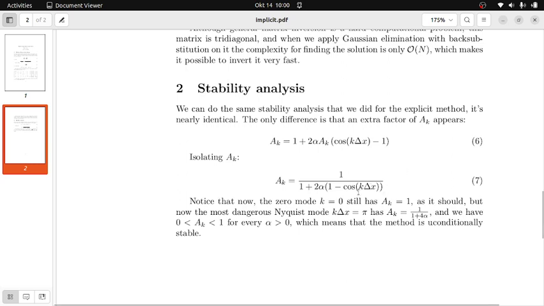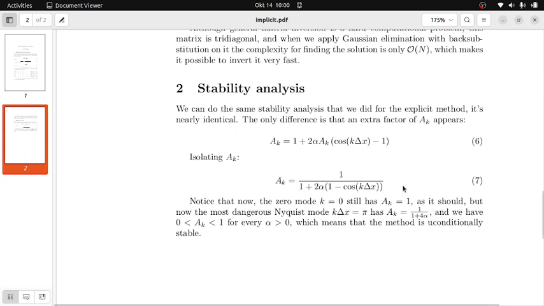Then if we do the analysis, the zero mode k equals 0 still has A_k equals 1, because cosine of 0 is 1, 1 minus 1 is 0, so 1 divided by 1, which is 1. But again, the zero mode needs to have an A_k of 1. They do not decay under the heat equation. But now the most dangerous Nyquist mode, which is k delta x equals pi, cosine of pi is minus 1, so this will be 1 divided by 1 plus 4 alpha, right?